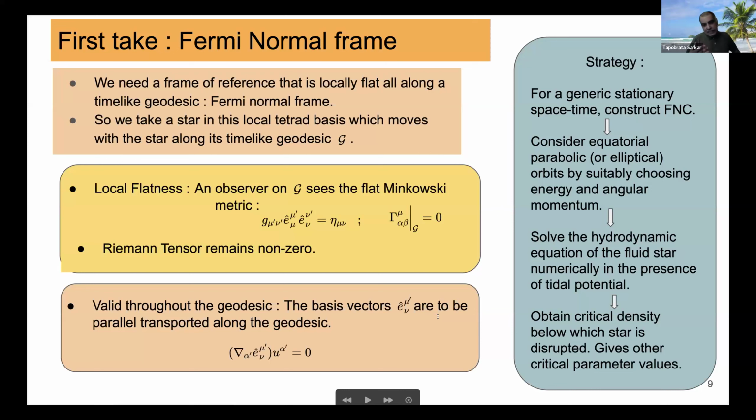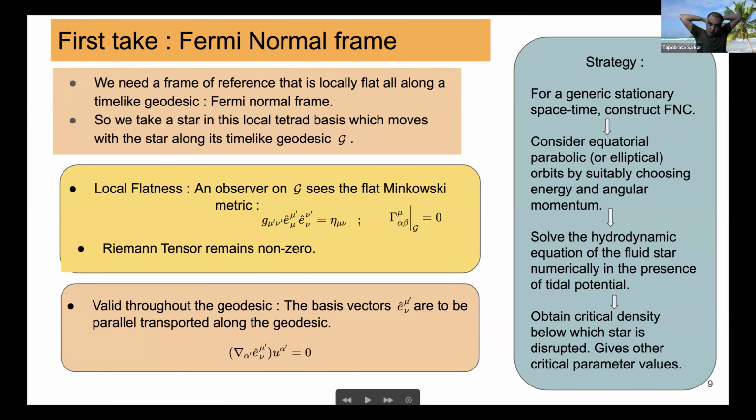A star is following, to a very good approximation, a geodesic, at least its center of mass is going along a geodesic. The extent of the star is very small compared to the distance of the star from the black hole.